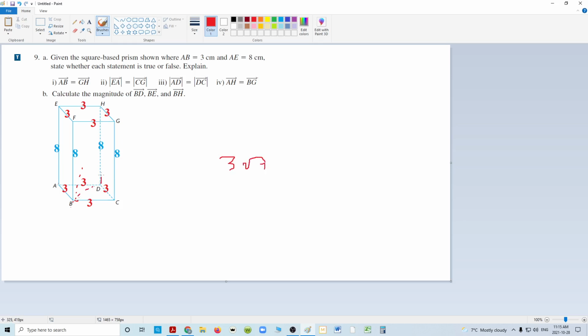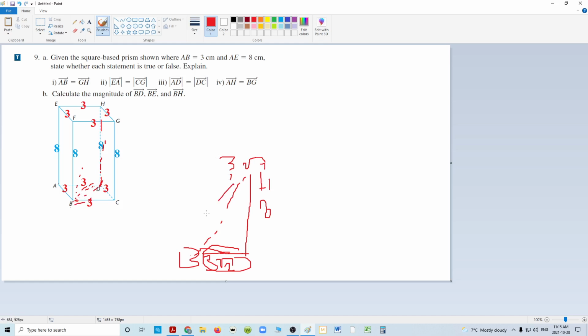And then we have this straight up 8 line. So if you look at that carefully, we can see that it forms a line at the diagonal that we just measured. And it forms right angles with this 8. And this, therefore, will be the line we're looking for, B to H. We've just used the right angle triangle that happens to be diagonally through.